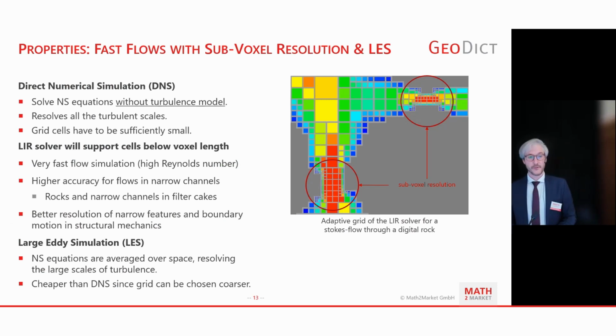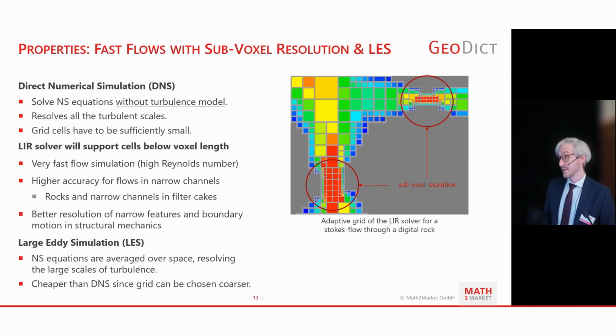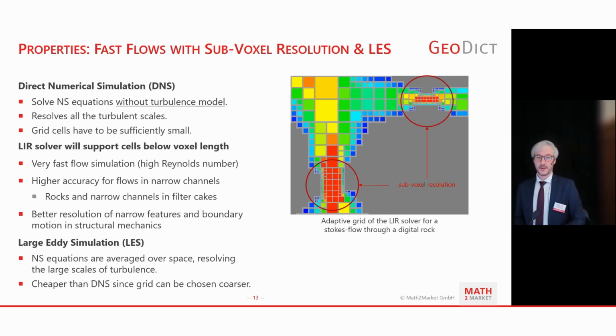What we plan for the future is to make our LIR solver even better. We're constantly working on it, and we are very proud of the LIR. We're currently working on improving the adaptive grid of the LIR solver and adding subvoxel resolution. This will enable us to do faster flow simulations, also with high Reynolds numbers.